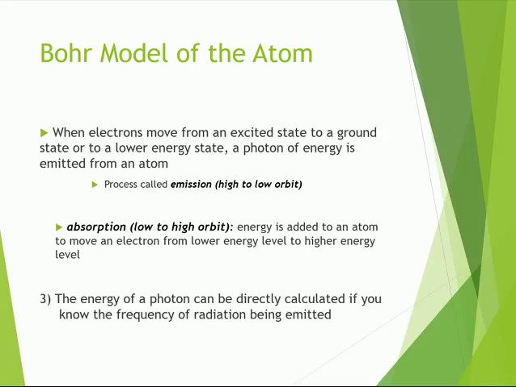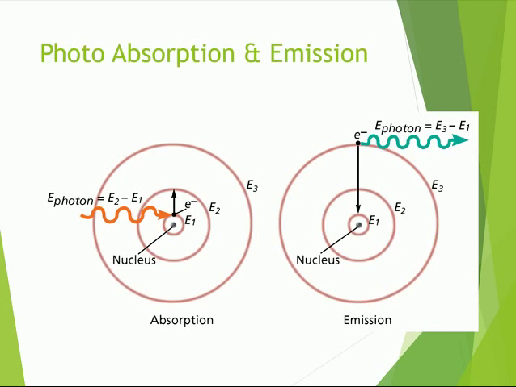For you guys, what you're going to need to be able to do on a quiz and on the test: the energy of a photon can be directly calculated if you know the frequency of the radiation being emitted. And so what you're calculating is, let's see, we have this nucleus and a single electron.